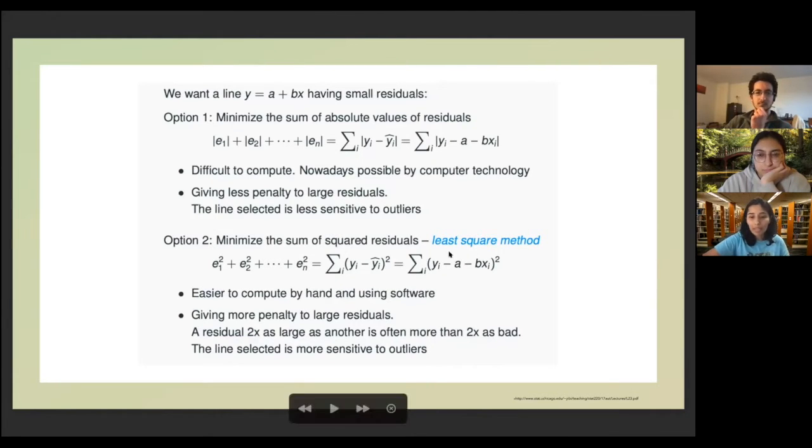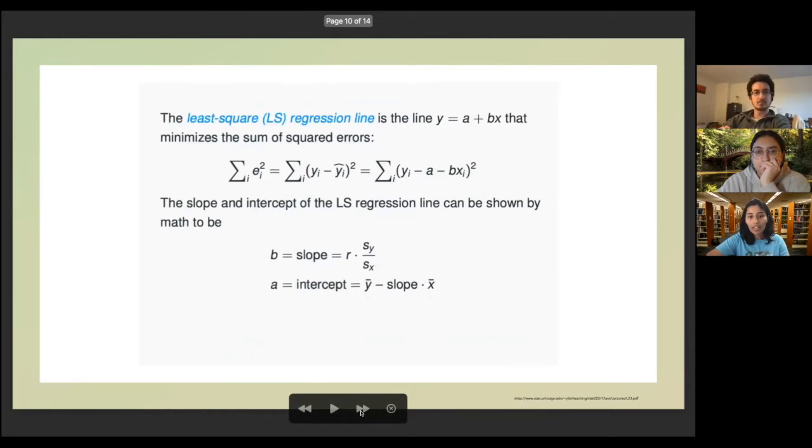We try to minimize this function given by the least squares method, and depending on that function, we can predict the slope and the intercept. For a simple model such as a linear model, it's very easy to do this by hand. We can minimize this function by hand and get an analytical form of the slope and the intercept.